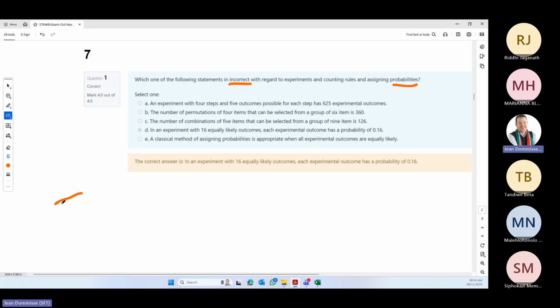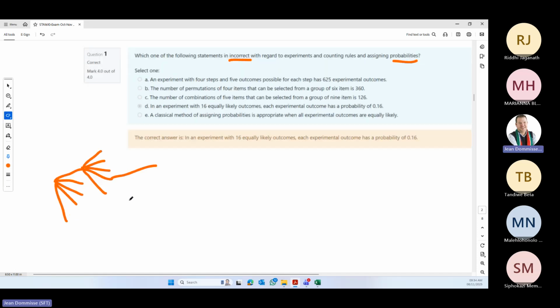I'm not just going to start with it. So 5 outcomes. So each of those 5 outcomes have another 5 outcomes. Each of those have another 5 outcomes.